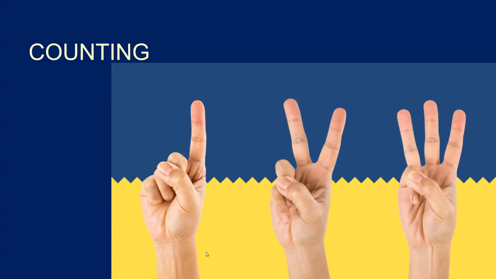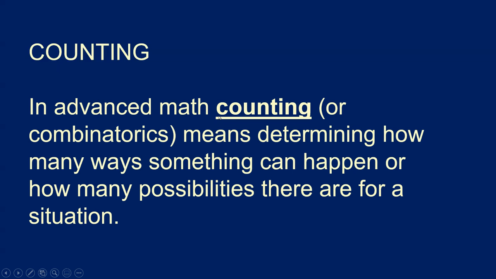And while counting, like you see in the slide, looks like you're just going one, two, three, what we really care about in advanced math is counting with things that are a lot bigger than what you could do with your hand. In advanced math, counting or combinatorics means figuring out how many ways something can happen or how many possibilities there are for a given situation.